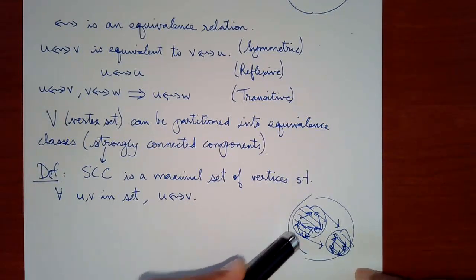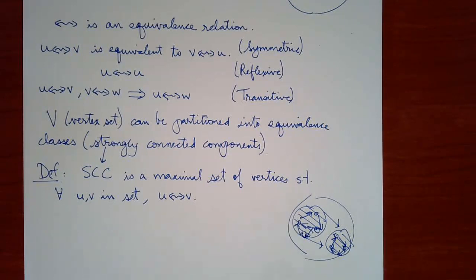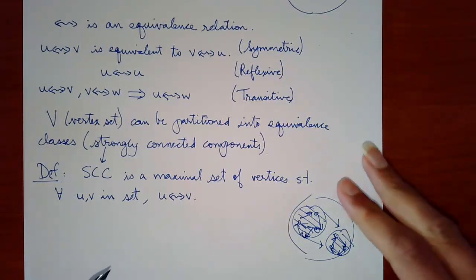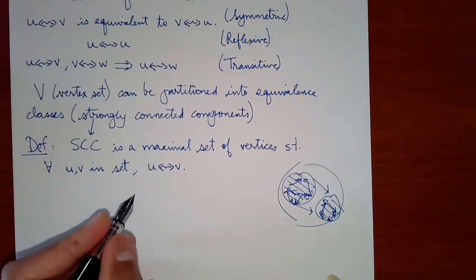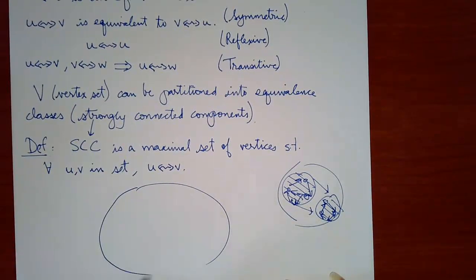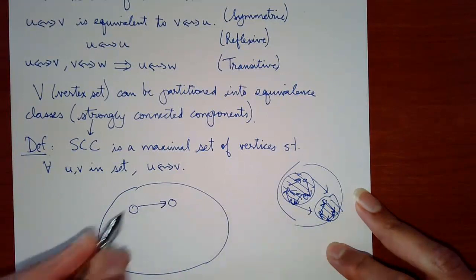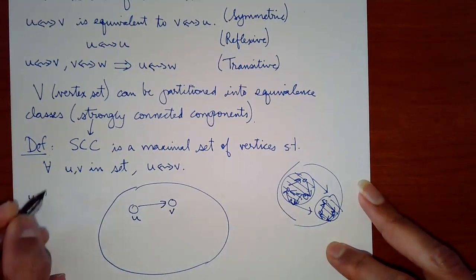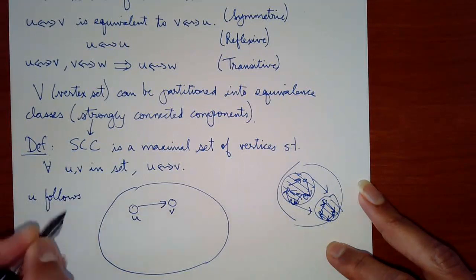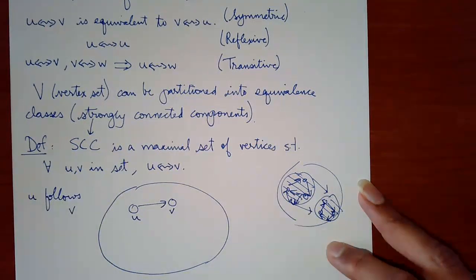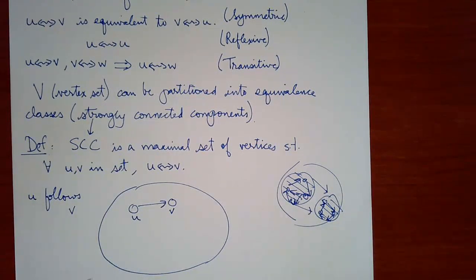Especially in these days of social networks, it's very easy to justify lots of graph questions. So think of this being like a Twitter network, right? And this edge means that U follows V. Now, typically in an information network like Twitter, you have some people who broadcast and a bunch of people who listen.